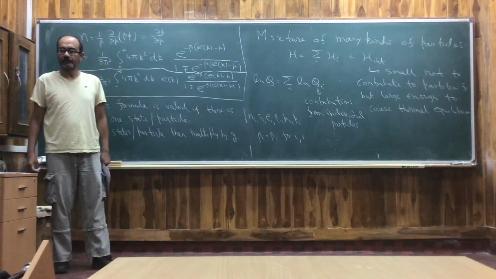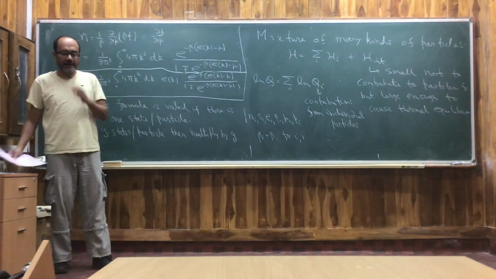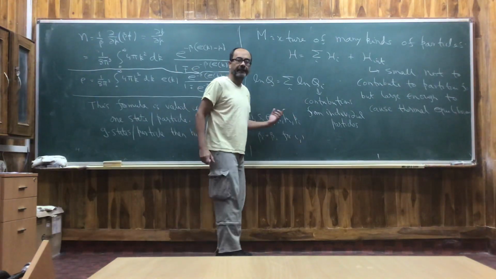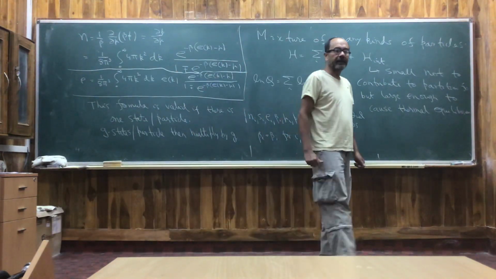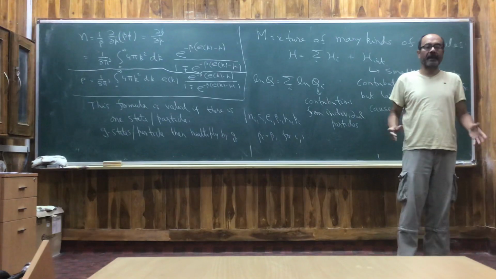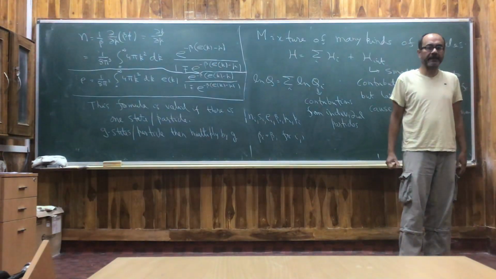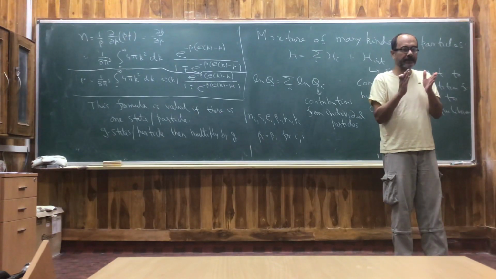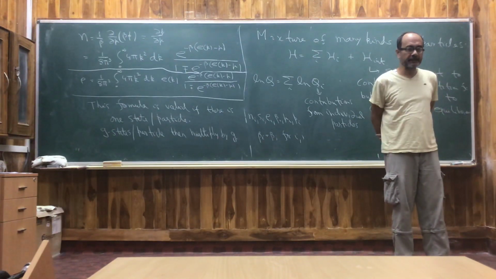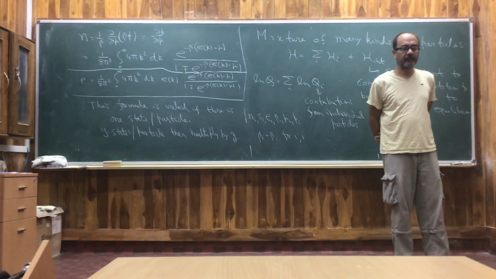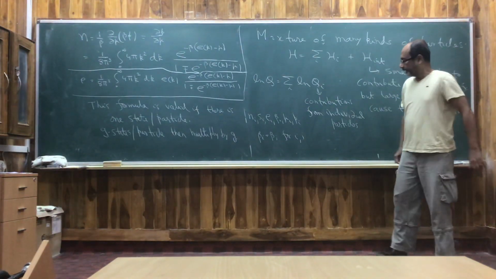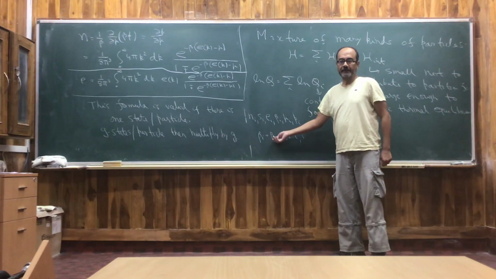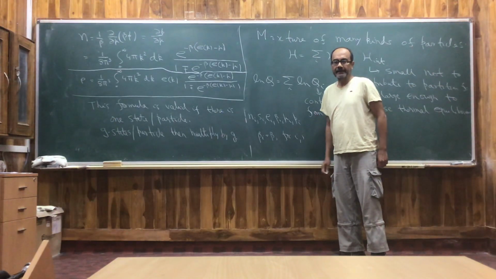So if we really had completely independent systems, the total number of variables would have been twice the number of components. If there are k components, each component has 2 independent variables, so there will be 2k independent variables. But because of these equalities, there are k minus 1 relations between these k beta_i's. Only one of them is independent.